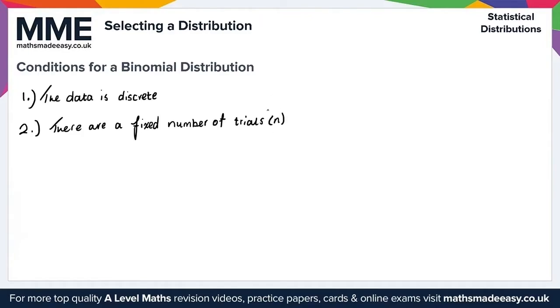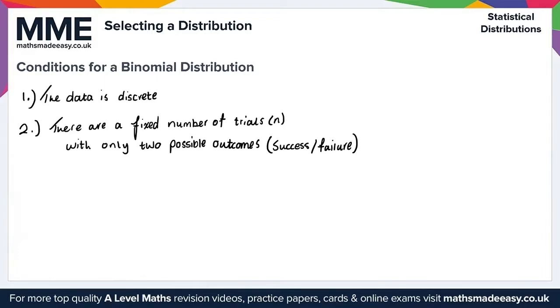This is one of our parameters for a binomial distribution, and we only have two possible outcomes. Remember, those two possible outcomes are success or failure. Okay, so that's our second condition.